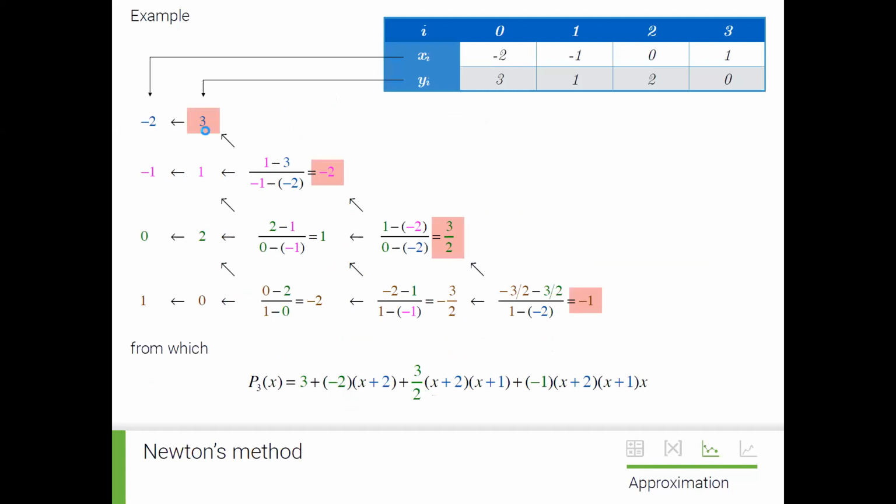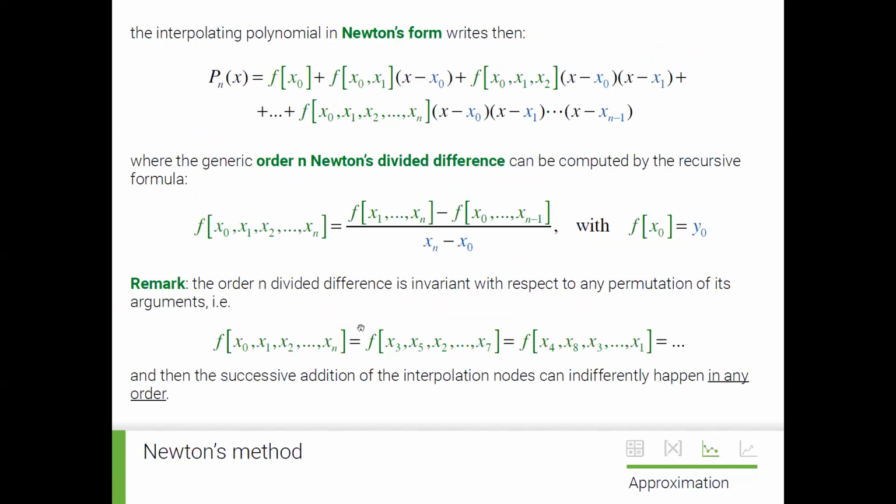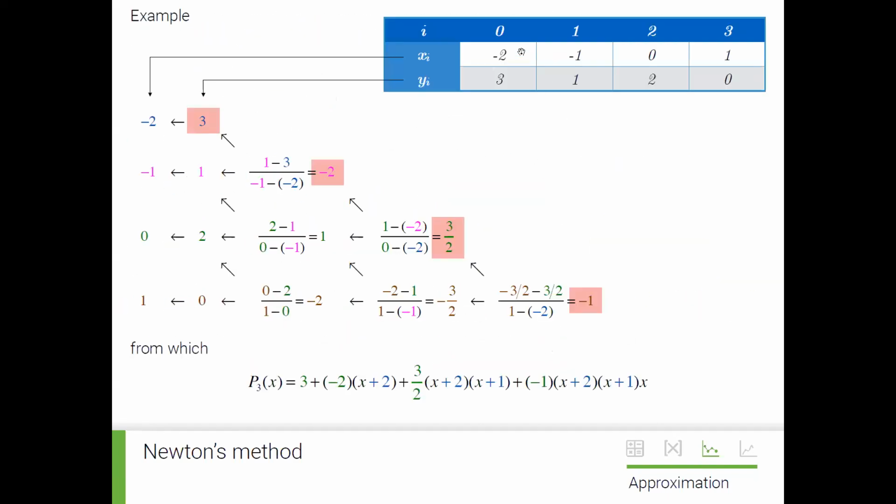It will be: the first one is 3 plus -2 times (x plus 2), because here it is written x minus x0, and x0 is -2, so x minus -2 gives us x plus 2.